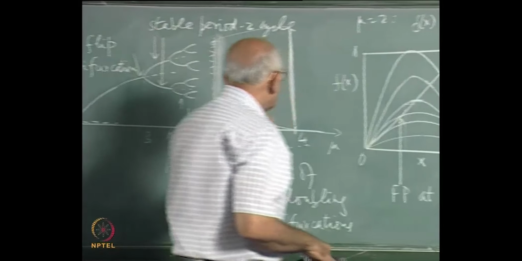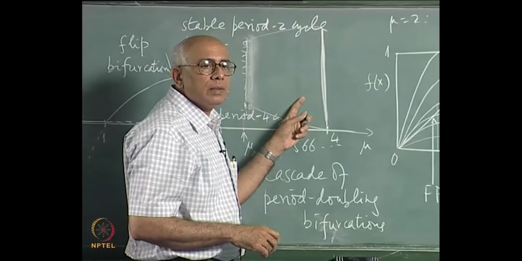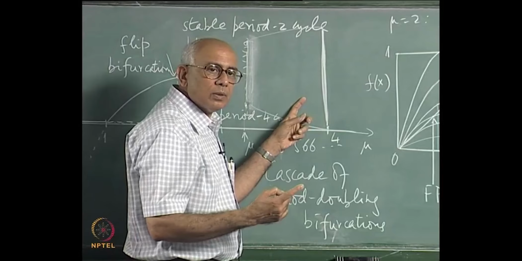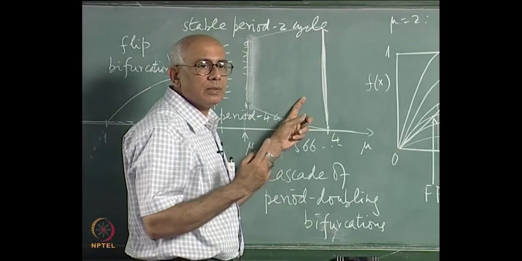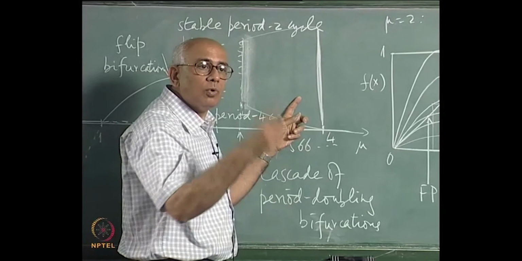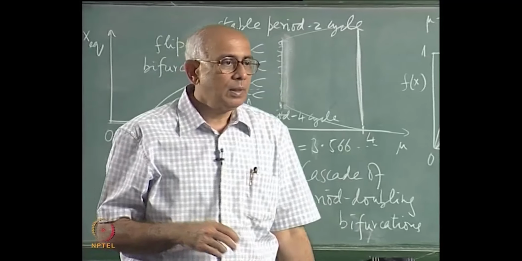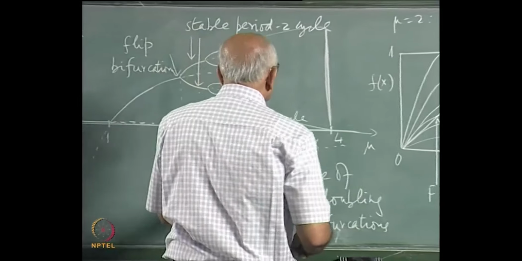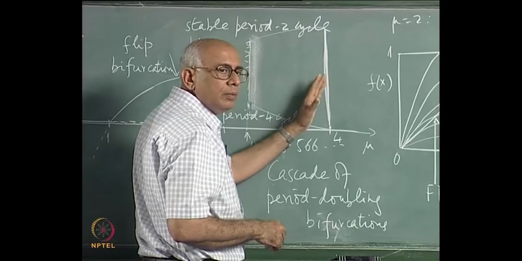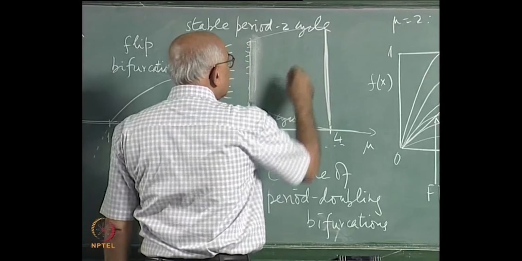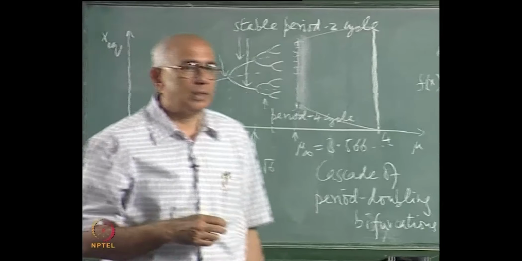It turns out that this map exhibits cycles of all integer periods 1, 2, 3, 4, 5 etc. Not necessarily all of them stable, but various complicated things happen here which we will describe by and by, including a phenomenon called intermittency.